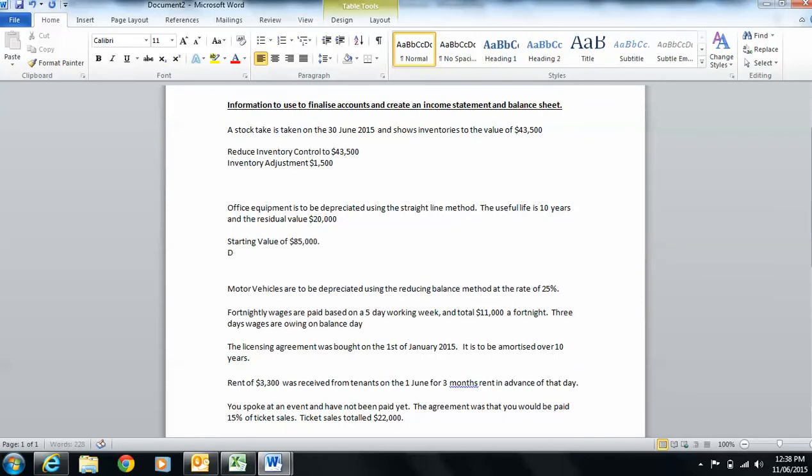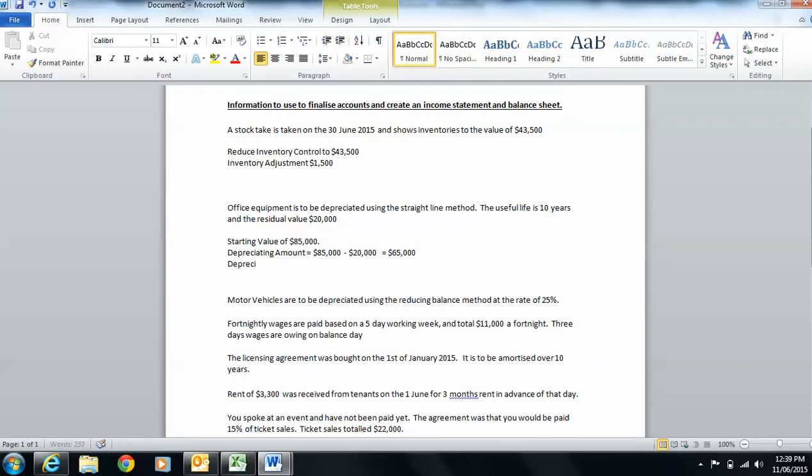So the depreciating amount is that $85,000 less the $20,000 that remains at the end. So that's $65,000, and the depreciation for a year equals $65,000 divided by 10, which equals $6,500.